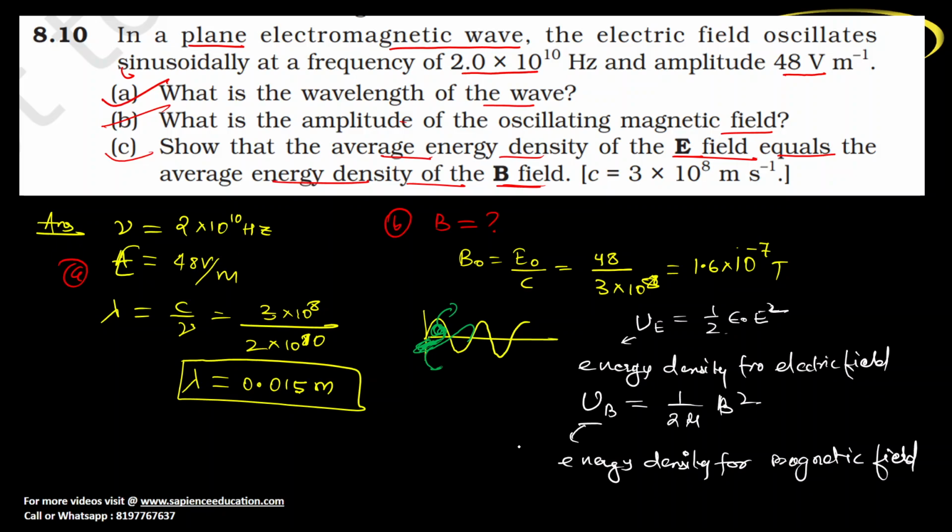One more important thing is that the speed of light can also be written in terms of epsilon naught and mu naught. Now just put the relation.